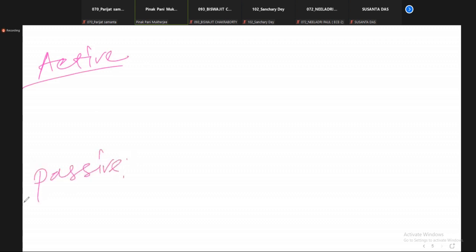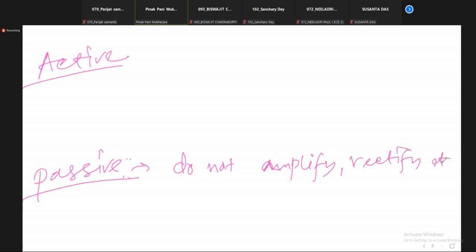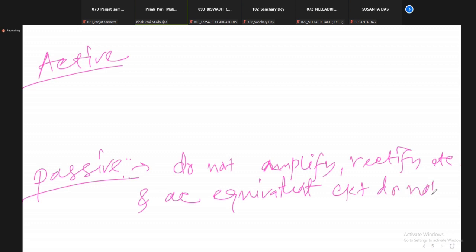Passive circuit elements, the definition is that the elements which do not amplify, rectify, etc., and whose AC equivalent circuit does not have energy sources, are called passive circuit elements.